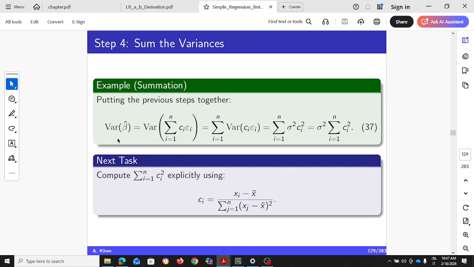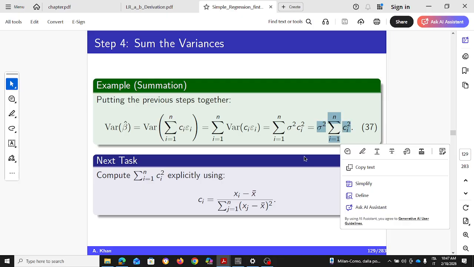What we said, the variance of beta hat is equal to this term. Okay, and then we said if there is no correlation, the variance of the sum of the variables is equal to the sum of the variances of those, which is equal to this term. And then sigma square, we can take it out because this term is constant. So we have this result now.